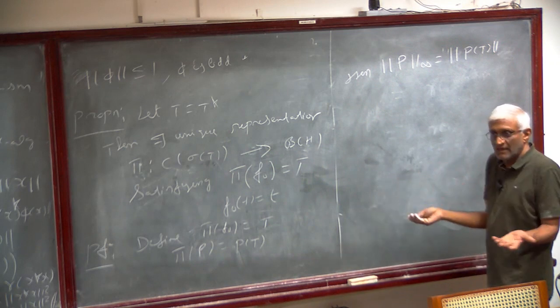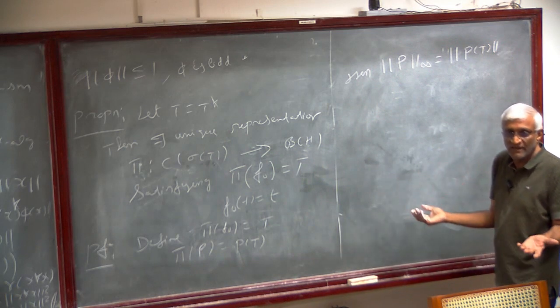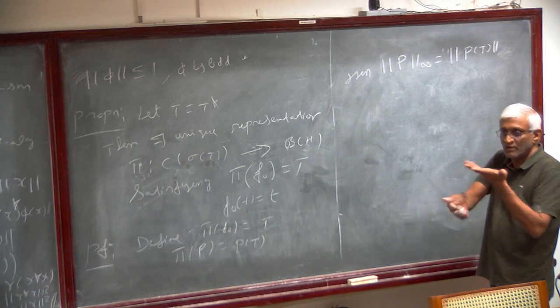So this is an isometry. It's norm-preserving. In particular, it's uniformly continuous.